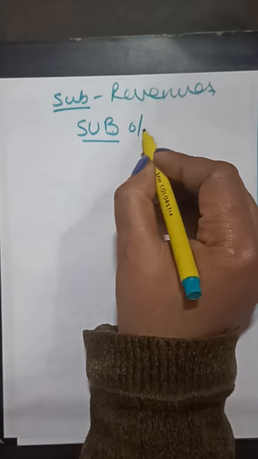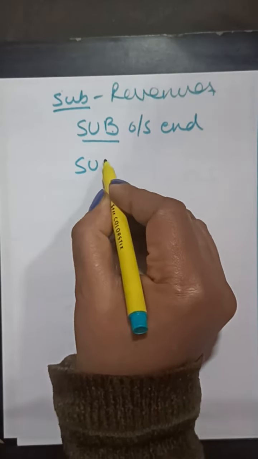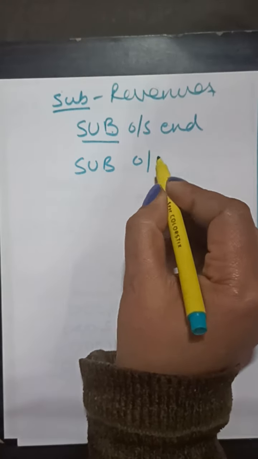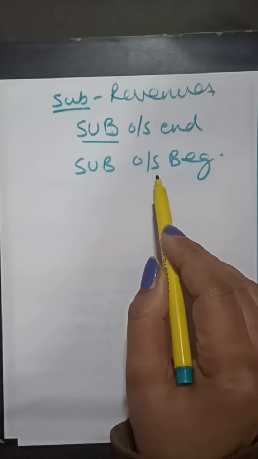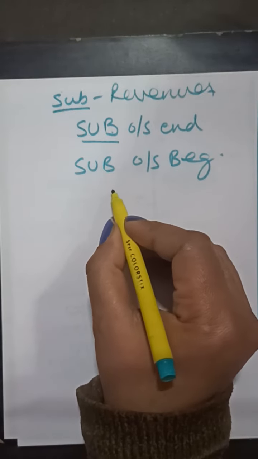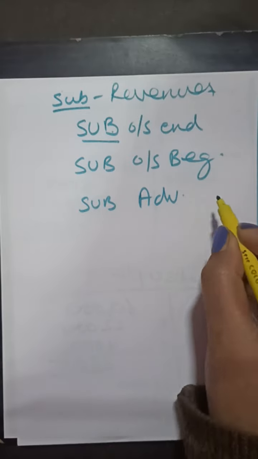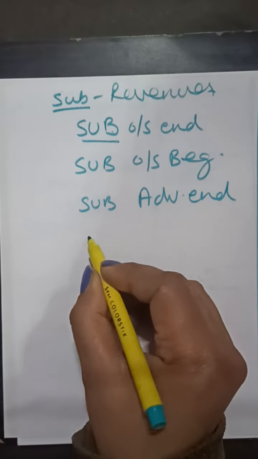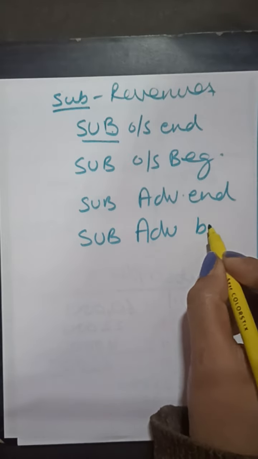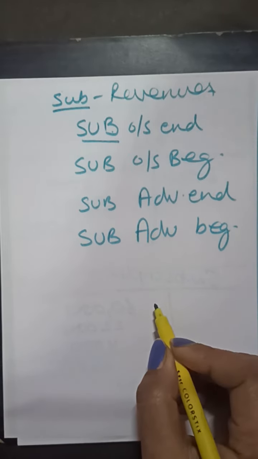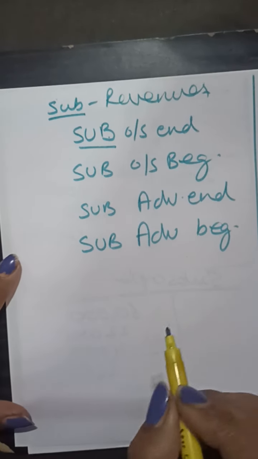Subscription outstanding at the end, or outstanding at the beginning. These are the things that will be shown to you in the questions. Or subscription received in advance at the end, and received in advance at the beginning. Now children, we have to take into account only those subscriptions that relate to this year.